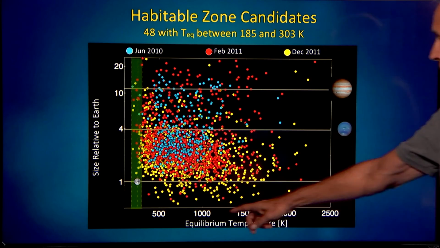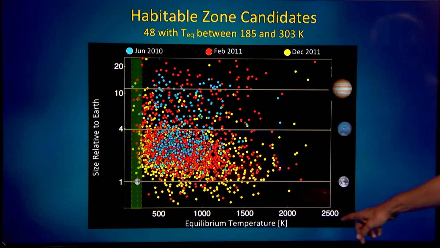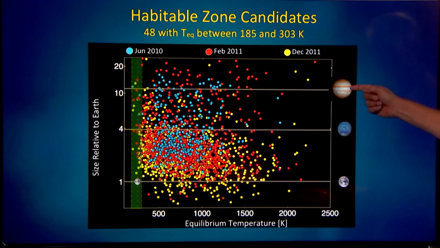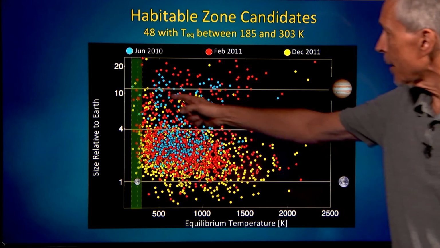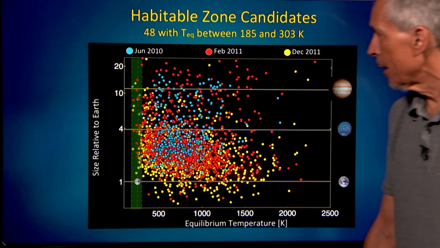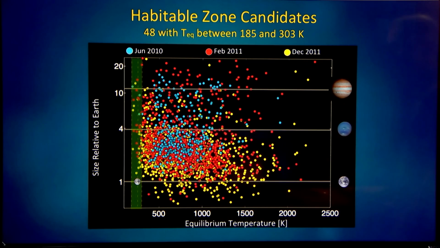And here are the calculated equilibrium surface temperatures, again with no assumption of an atmosphere because we don't know the atmospheres of these planets. There's the Earth, there's Jupiter, and here is the classic habitable zone outlined in green. And you can see that there are a small fraction of the total exoplanet haul from Kepler where there are planets in the habitable zone, and a few are even close to Earth-like.